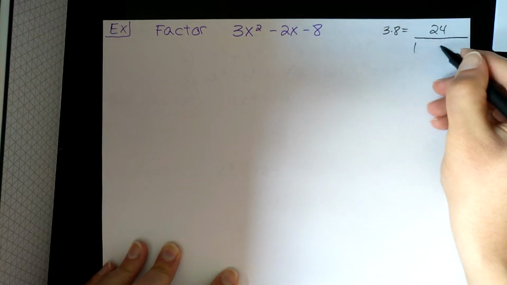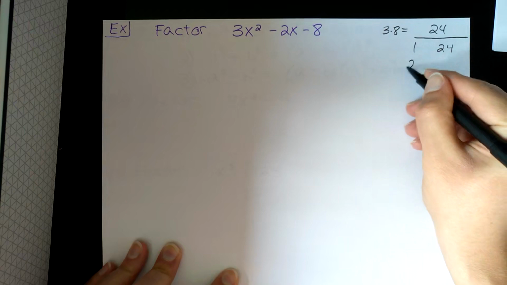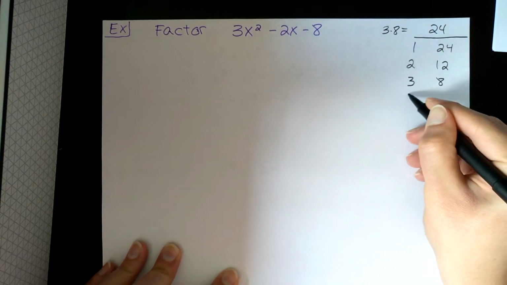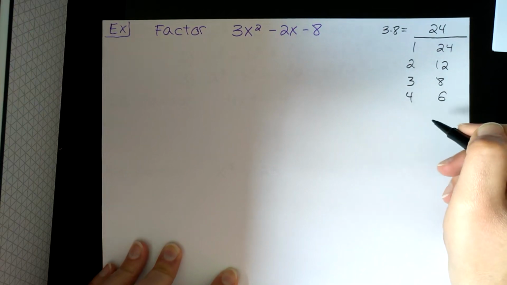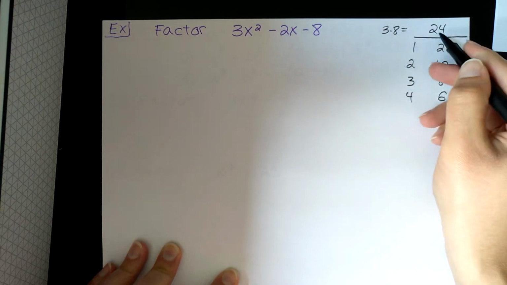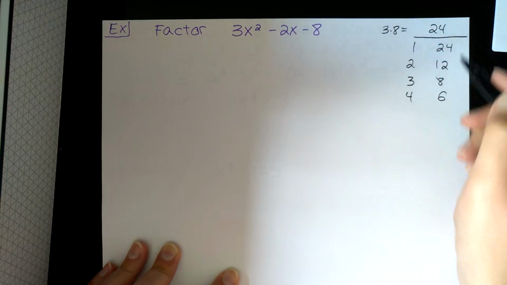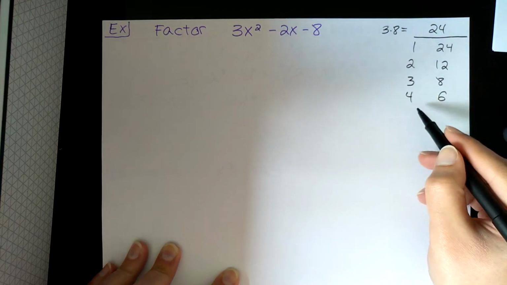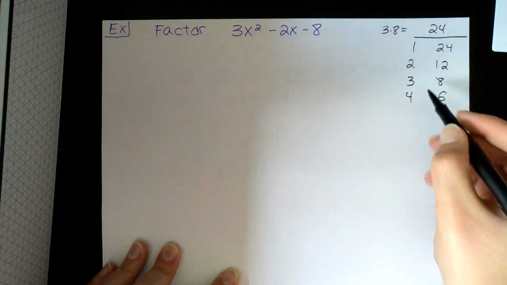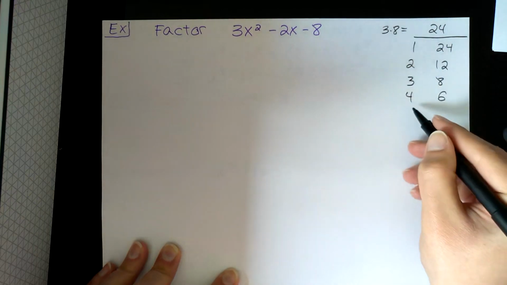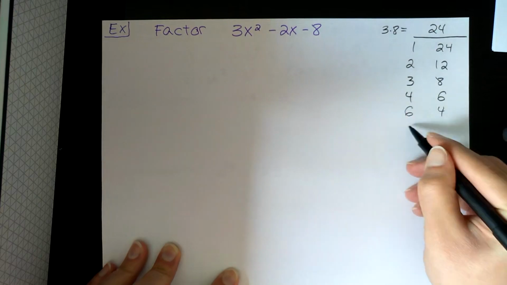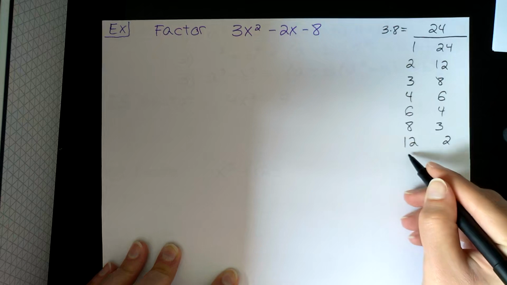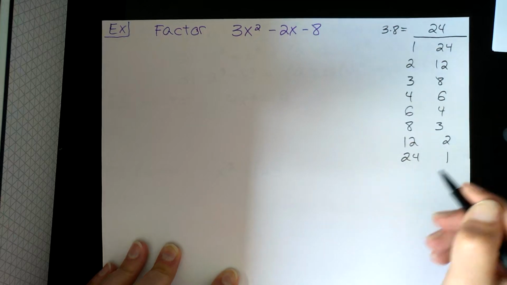We have 1 and 24, 2 and 12, 3 and 8, 4 and 6. 5 does not divide into 24, which means these two are the closest values you can get to one another when breaking up 24. So that means we can just flip our list. 6 and 4, 8 and 3, 12 and 2, 24 and 1.